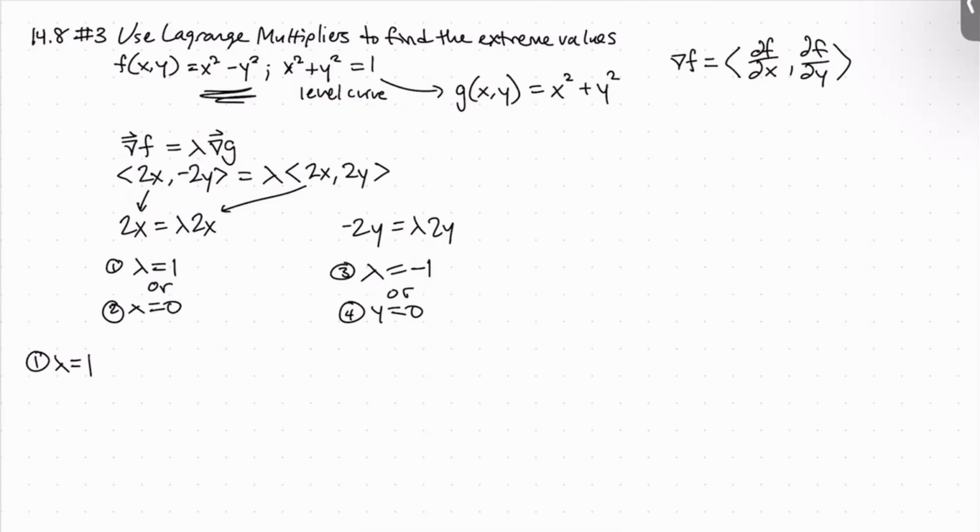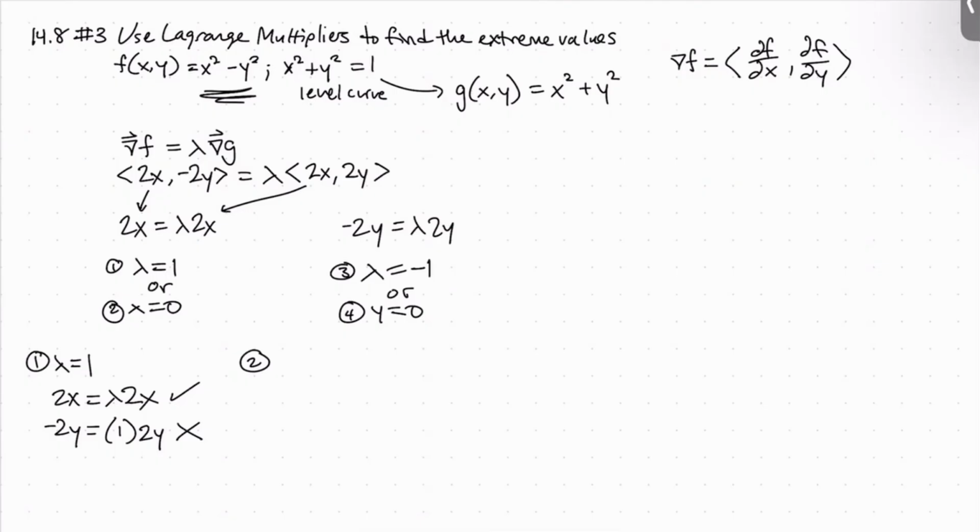So since we already proved that the x partial is true if lambda equals 1, we have to check the y partials. So is it true if negative 2y equals 1 times 2y? No. Therefore, this doesn't work.